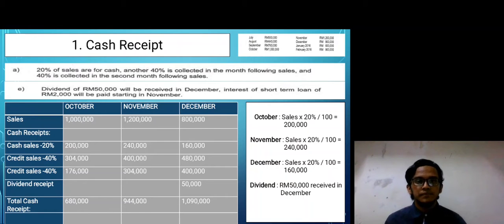From that, we can calculate October sales multiplied by 20% divided by 100 and get the answer of RM 200,000 in October cash sales. Same concept for November and December. At the end, we get total cash receipts for October RM 680,000, November RM 944,000 and December RM 1,090,000.